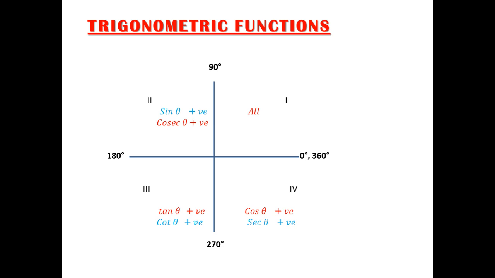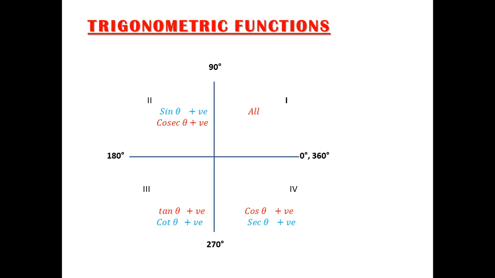In first quadrant, I have written all. All means all the trigonometric functions are positive. In second quadrant, I have written sine theta positive and cosecant theta positive. Rest are negative.